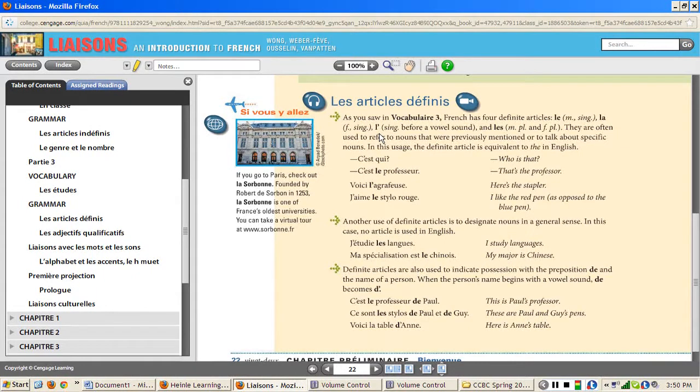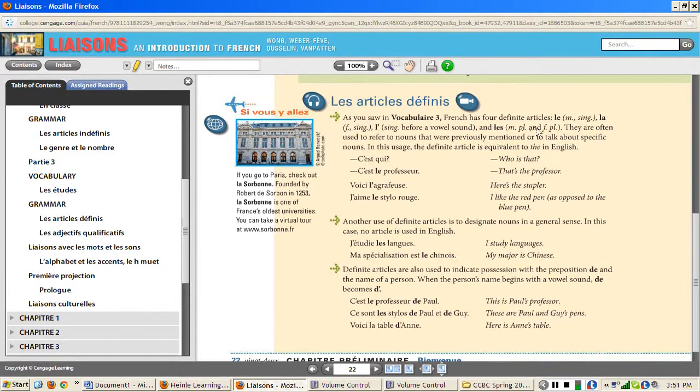L apostrophe, for example, before I, E, or I. L apostrophe also before the silent H, which we saw in this section, l'alphabet et les accents, et le H muet. A lot of words that begin with H are actually treated as if they began with a vowel because the H is silent. You'll learn those word by word.